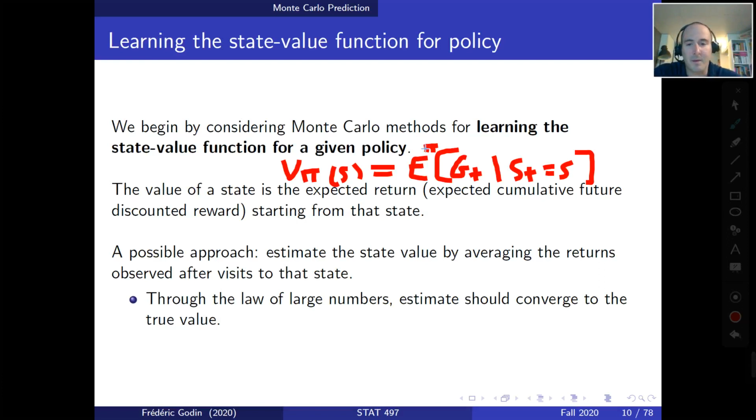And through the law of large numbers, this average of returns should converge to its true mean, and the true mean is the value function of that state. So this is the strategy we're going to use.